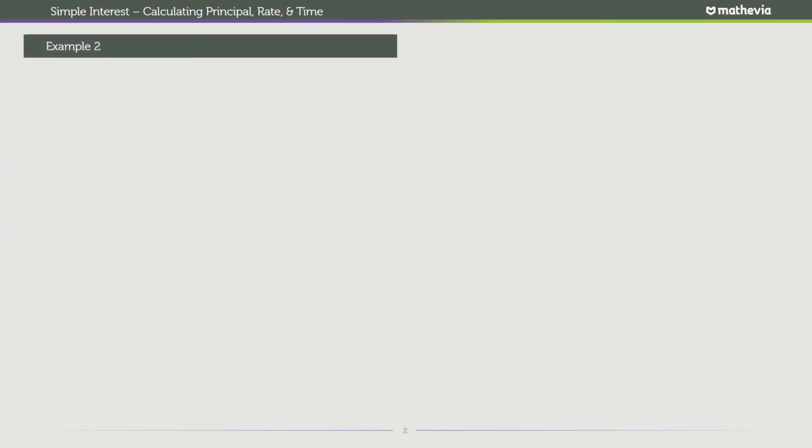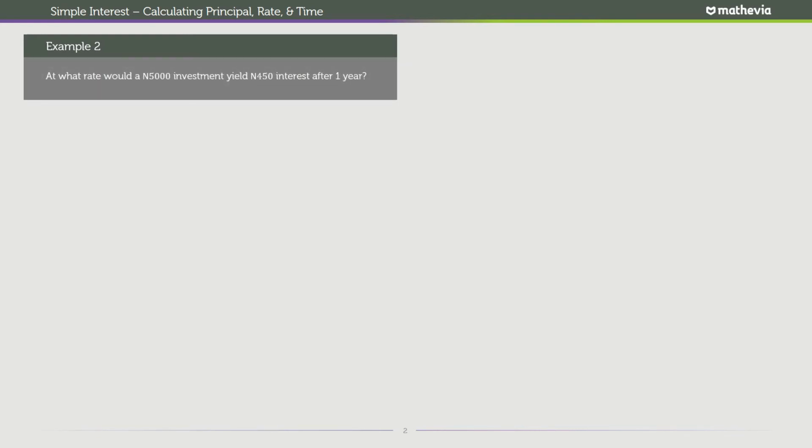Example 2: At what rate would a 5,000 naira investment yield 450 naira interest after 1 year? So we're looking for a rate in this case, and rate is interest times 100 divided by principal times time.